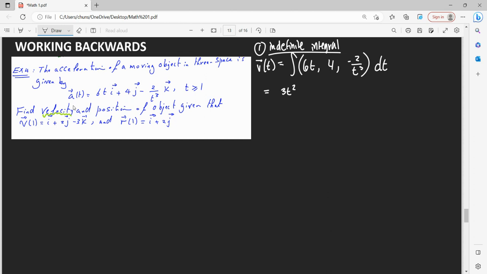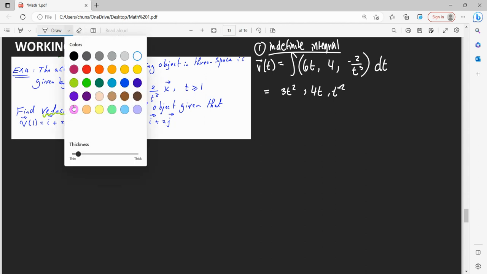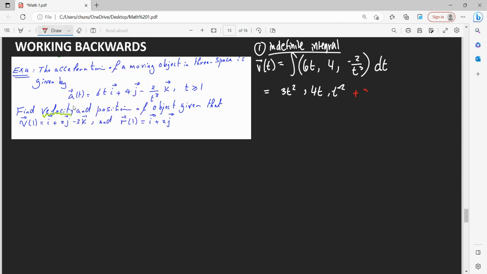So that turns into 3t squared, 4t, and then what to make of this? This is like, say, negative 2t to the negative 3. So when we integrate that, it's t to the negative 2, negative 2 over negative 2. So that's just t to the negative 2. All right, and of course, we can't forget our plus c.